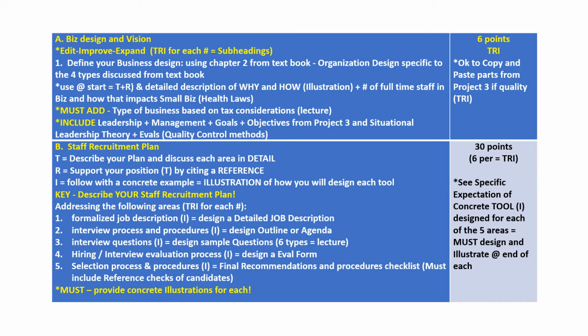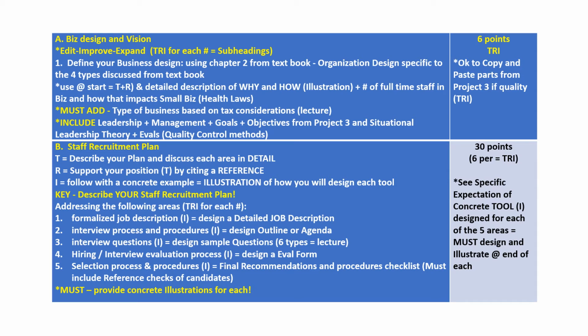Number 4, subheading: hiring and interview evaluation process. What it is, why it's important, cite a reference, and then for your illustration you need to have an actual evaluation form. You don't need to design this. You'll see from Canvas, there's a whole section with the tools at the top of the home page where you can get evaluation forms that work for you, and then cite that if you use one.